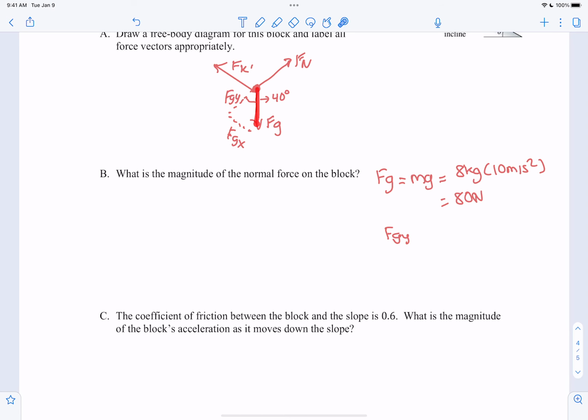So we have Fg, this is technically our hypotenuse. We want to figure out Fgy, and we have this angle, 40 degrees. Cosine 40, yep.